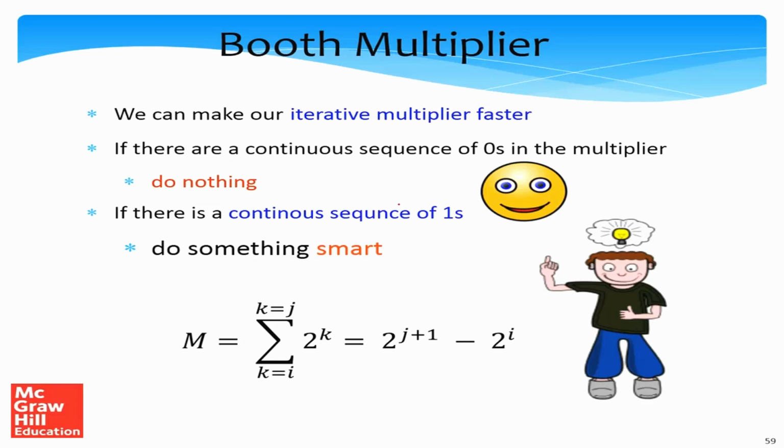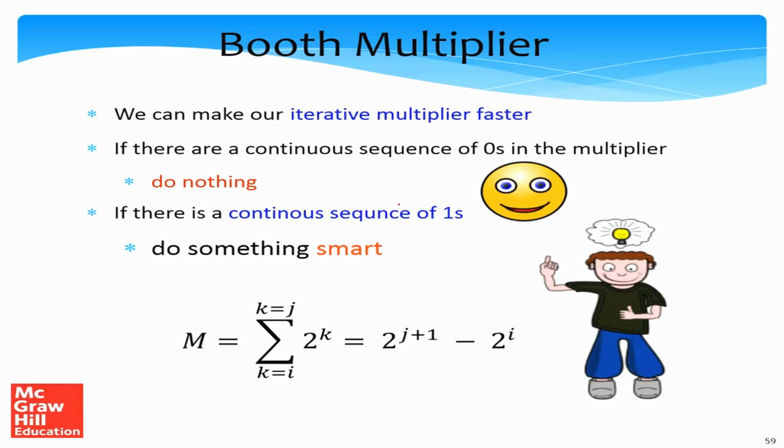Given that we have seen this iterative multiplier, can we make it a little bit faster? Maybe if not asymptotically faster, at least faster in practice. It turns out that we can make our iterative multiplier faster. If there is a continuous sequence of zeros in the multiplier, we do nothing, which is very good for us.